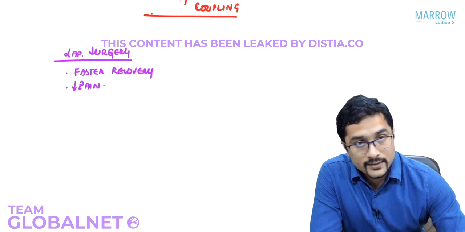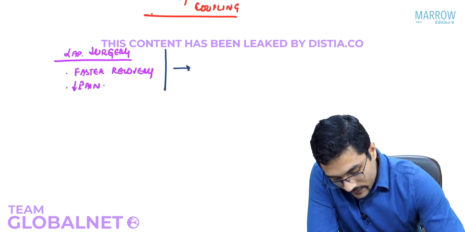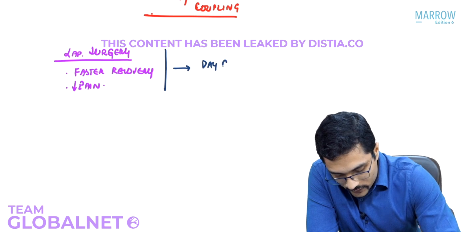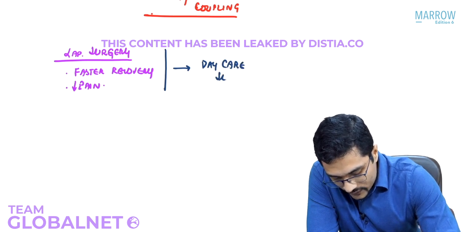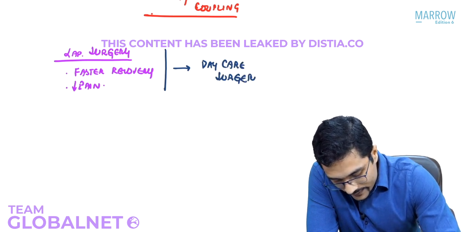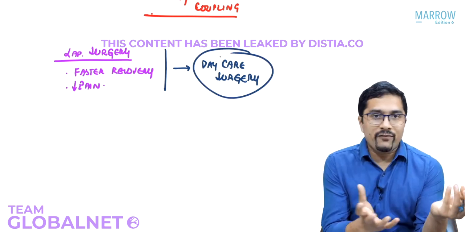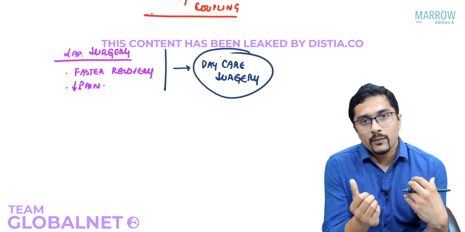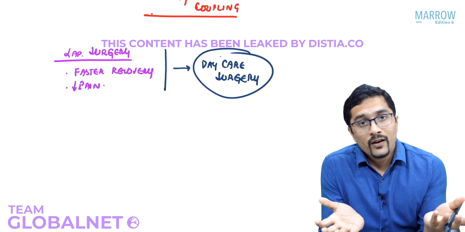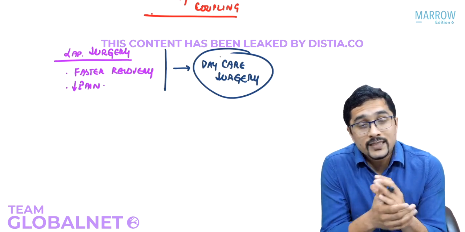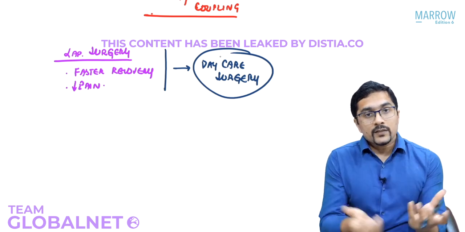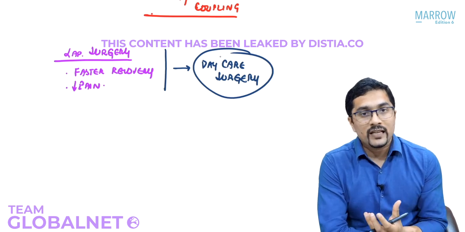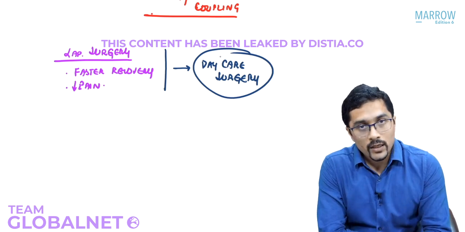Therefore, a lot of laparoscopic surgery has qualified for daycare surgery. Now, what is daycare surgery? The name is self-explanatory. The patient comes in the morning, goes home the same day. They don't have to stay overnight. And it's because of the principles of laparoscopic surgery that this has become possible.